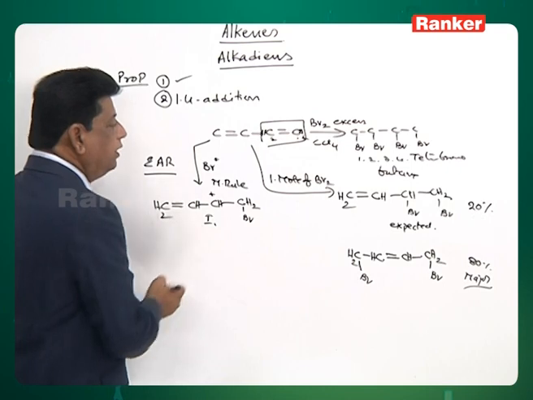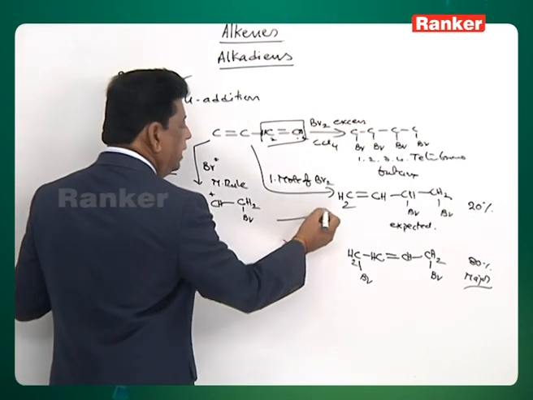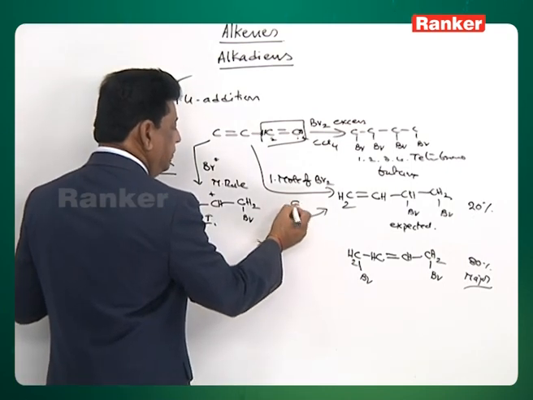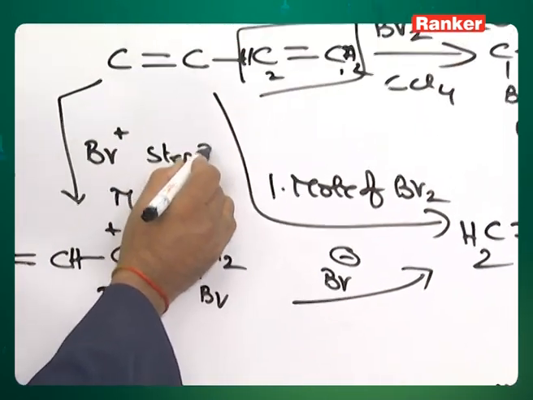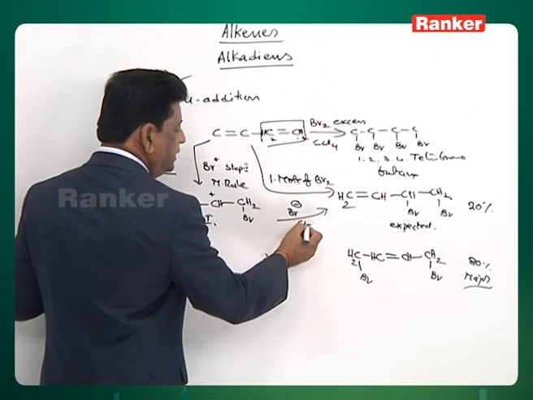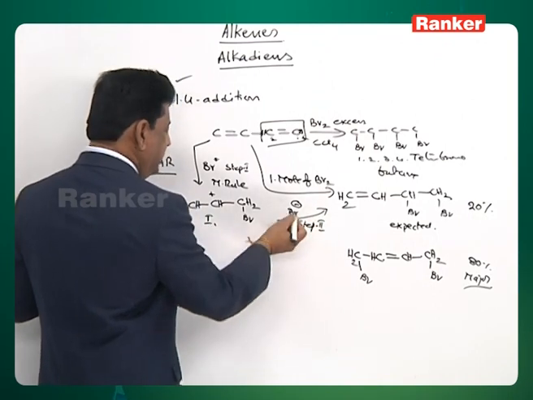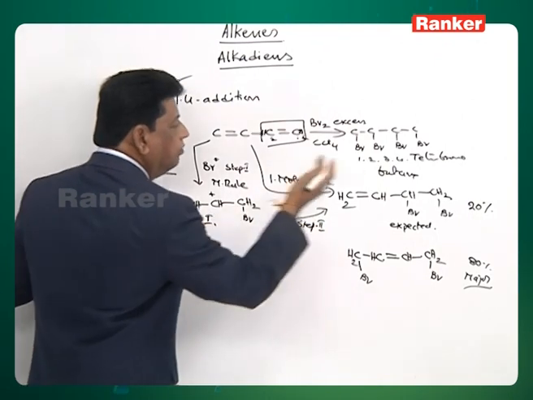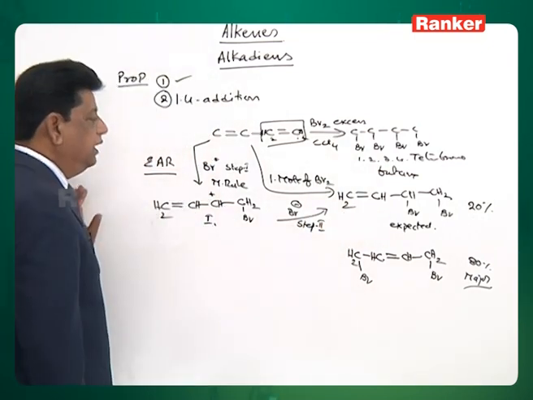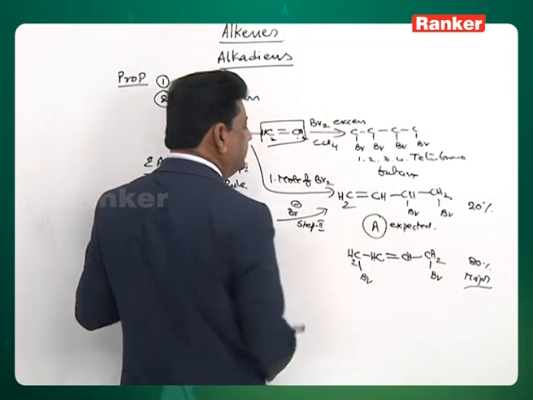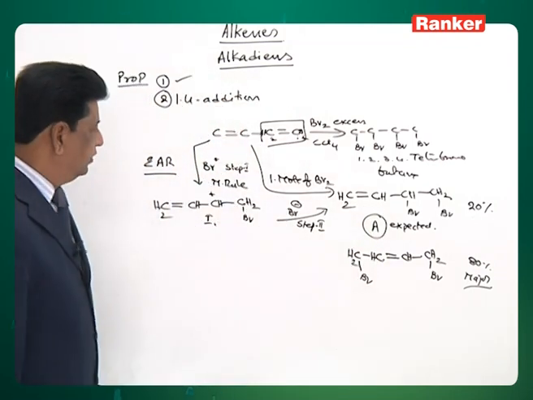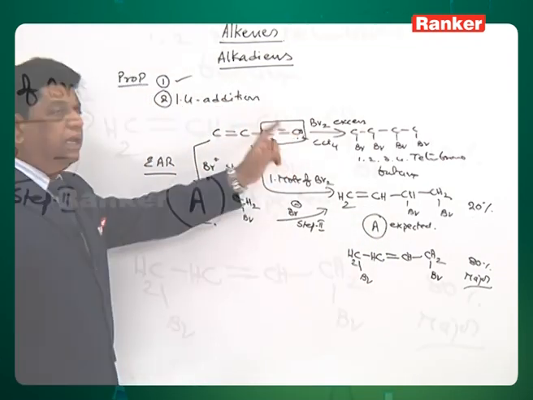If this intermediate 1 participates in the Br attack, that is the second step. This is step 1, right? Step 2: in step 2, Br minus is attacking on the carbon. So, therefore, this answer is found. So, the answer 1, or let us say answer A, the explanation is somewhat easy. The only thing is Br plus goes to the terminal carbon.